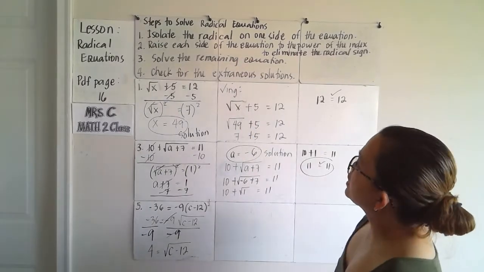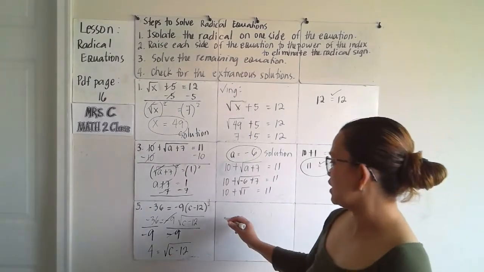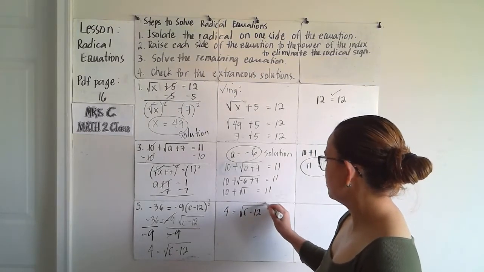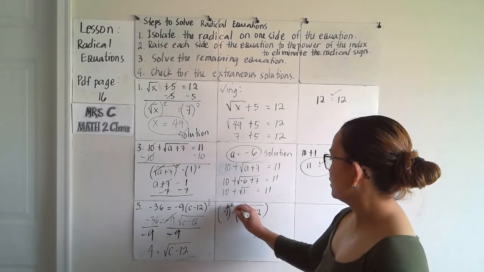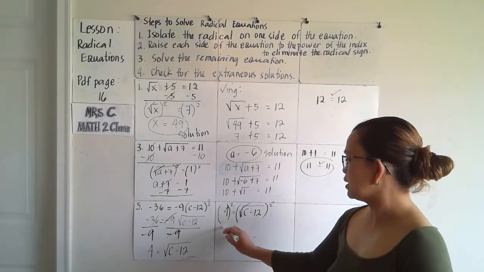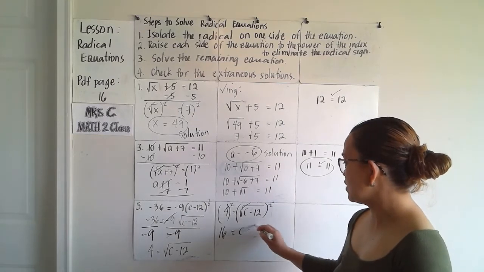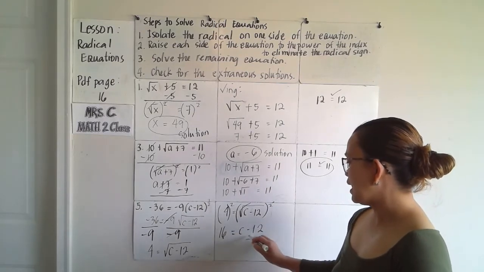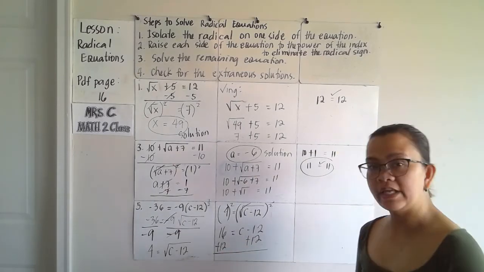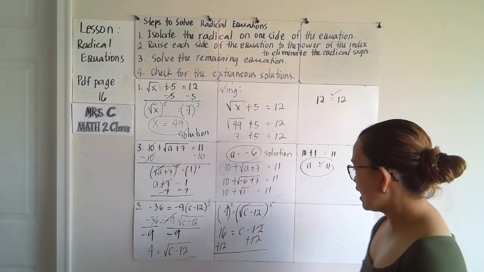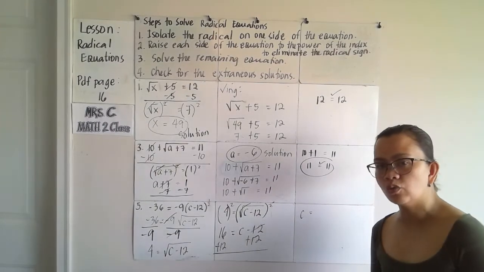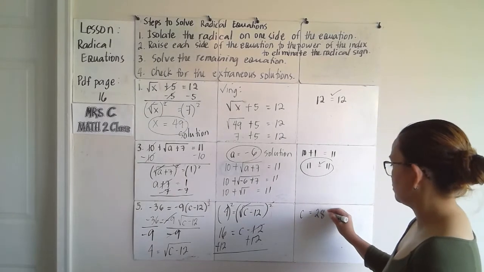Then raise each side of the equation to the power of the index, so 4 squared equals square root of c minus 12 squared. Cancel, and that will be 16 equals c minus 12. Then add 12 on both sides to isolate c. C is now equal to 16 plus 12, which is 28.